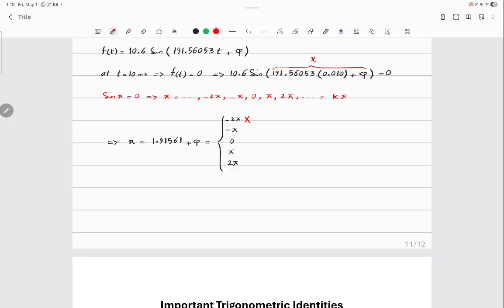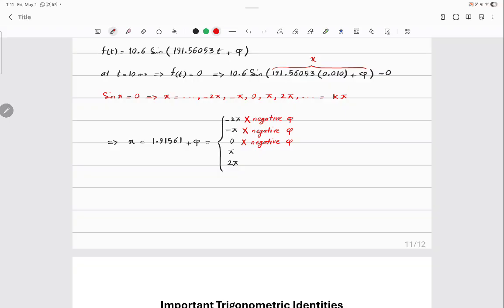Does that give you a positive phi? No. So that is not acceptable. Negative phi. The same goes for negative pi, right? How about 0? Also negative. So it makes sense to just ignore all the negative angles.